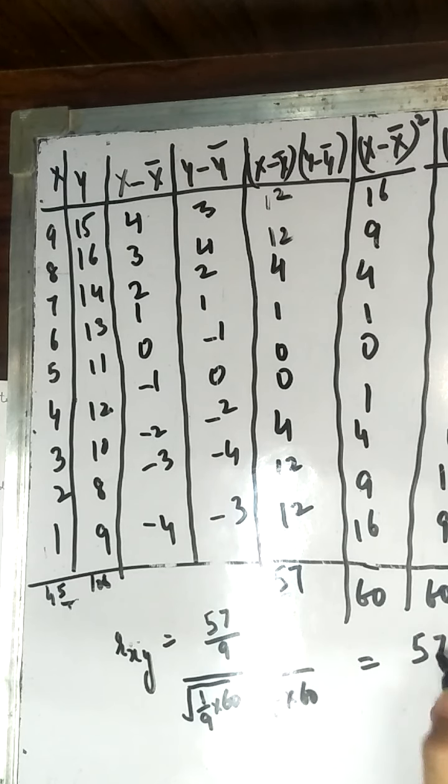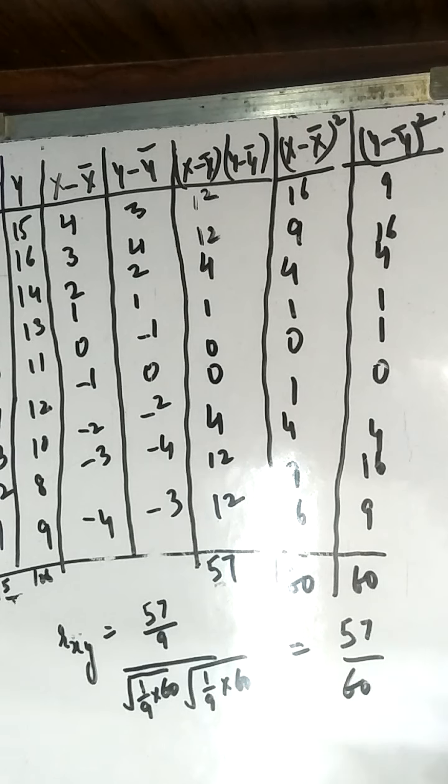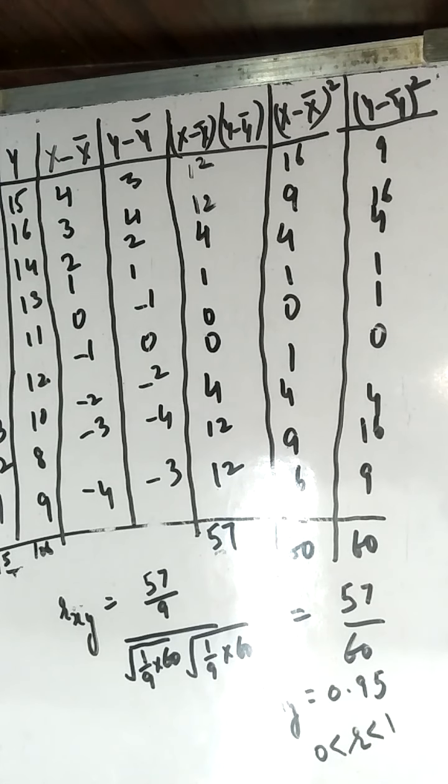So it becomes 57 upon 60. So this value becomes 0.95. So this is our coefficient of correlation. If we find r lies between 0 and 1, then that is our correct coefficient of correlation. And in this way we can use this formula for the Karl Pearson coefficient of correlation.